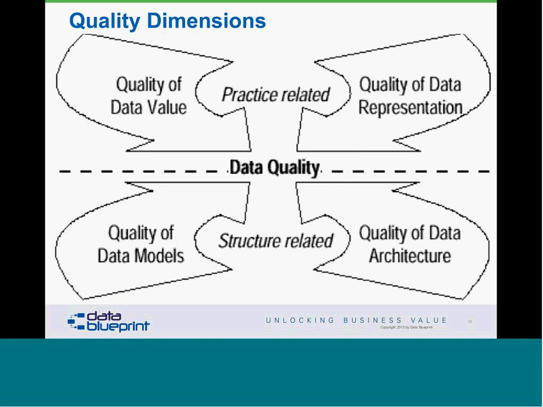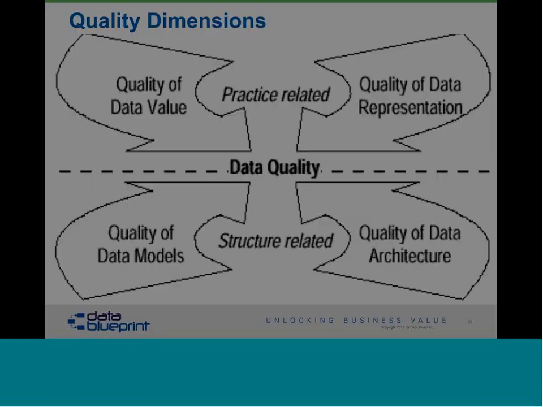Again, what we're going to do here from data quality is look at a combination of practice-related and structure-related pieces. The practice-related pieces affect the data quality values and the representation, and the structure-related are the quality of the models and the quality of the architecture. I'll give you a very specific example of this.